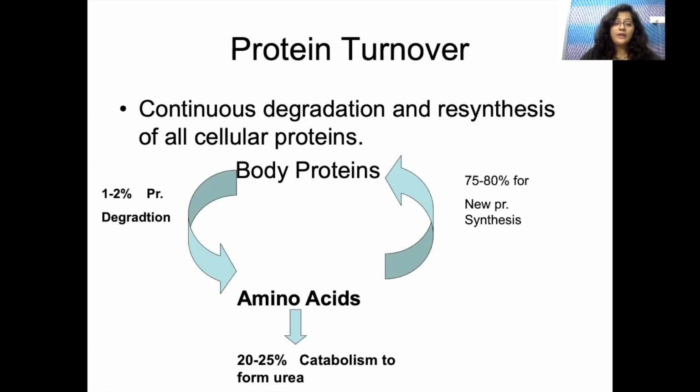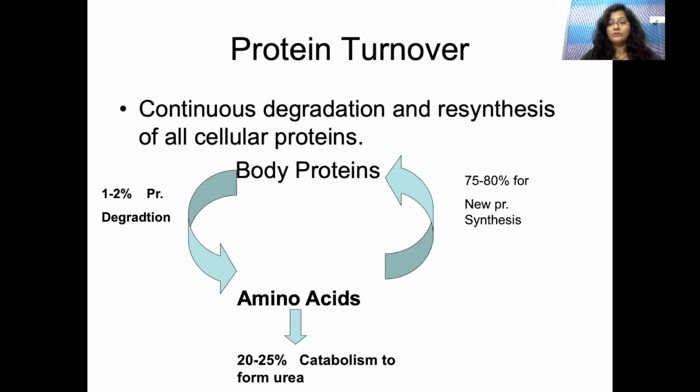So let's see how it happens. Every day around 1 to 2% of protein undergoes degradation. Most of these proteins are tagged by a protein molecule known as ubiquitin, and these ubiquitin-tagged proteins are identified by a proteasome, the enzyme complex which degrades these proteins. Once these proteins are degraded, it leads to the formation of amino acids.